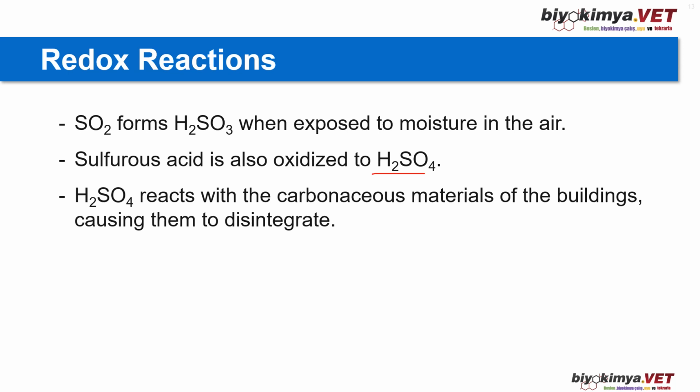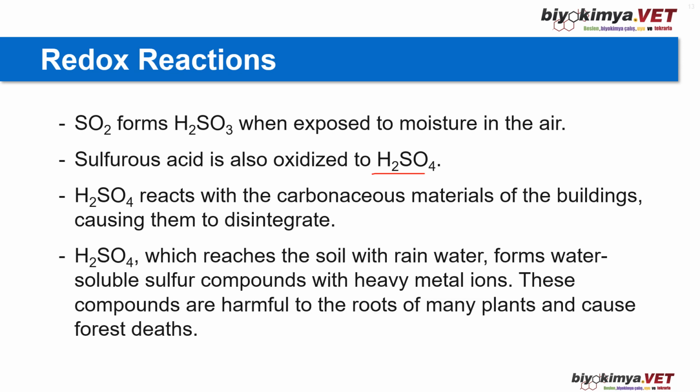And the sulfuric acid reacts with the carbonaceous materials of the buildings, causing them to disintegrate. And sulfuric acid, which reaches the soil with rainwater, forms water-soluble sulfuric compounds with heavy metal ions. And these compounds are harmful to the roots of many plants and cause forest death. So in every aspect of life and also for the earth, redox reactions are very significant.